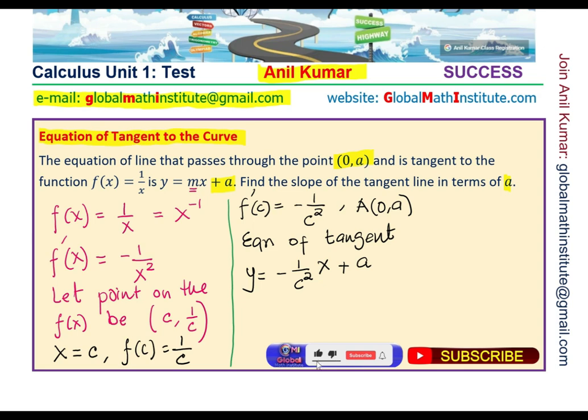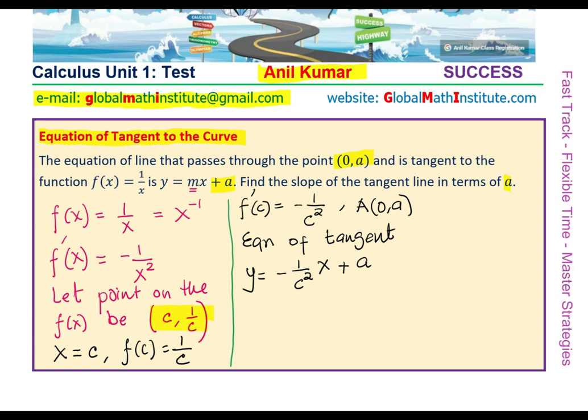Now, we have too many variables here. How do we get the value of c? That is kind of critical. Since we know that the point is actually c, 1 over c, which is also on the curve function, the reciprocal function. Now the idea is, how do we get the value of c in terms of a? For that, we know that the coordinate point, which is common to the tangent and also to the curve, is basically c, 1 over c, right?